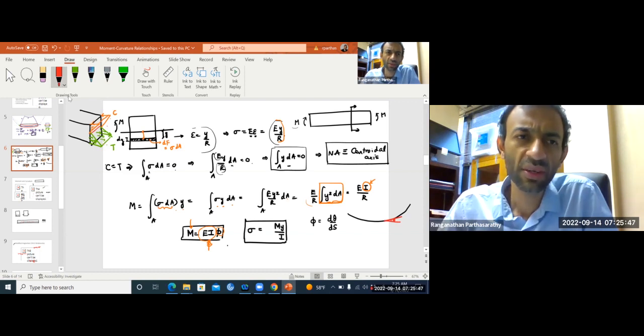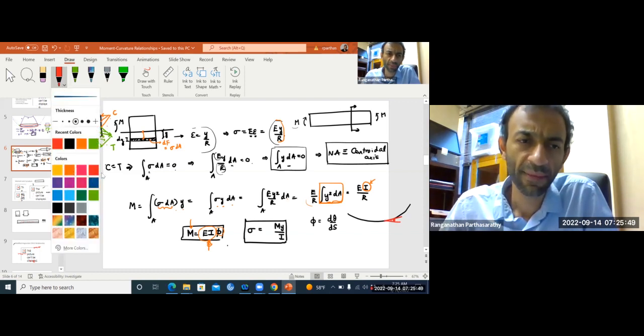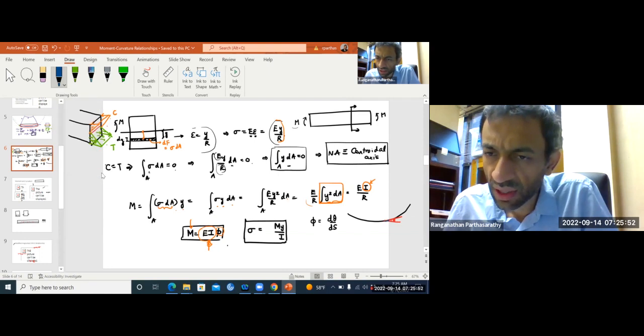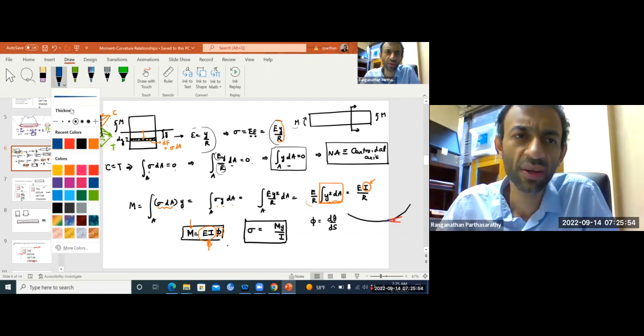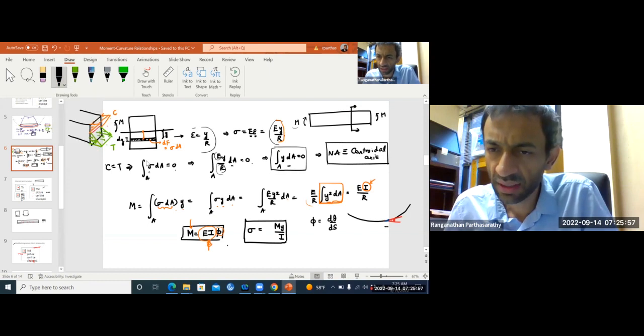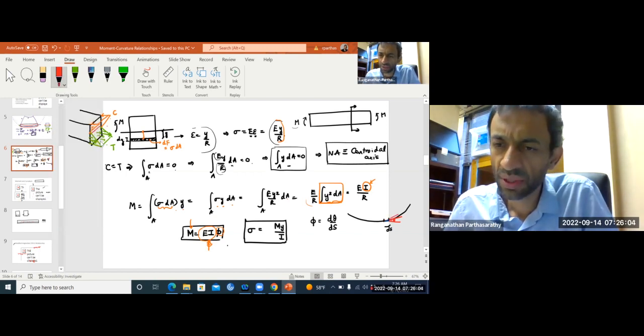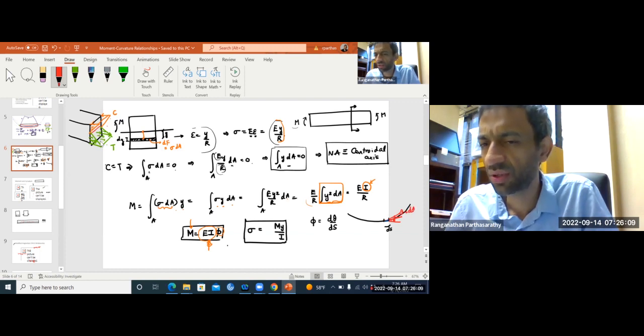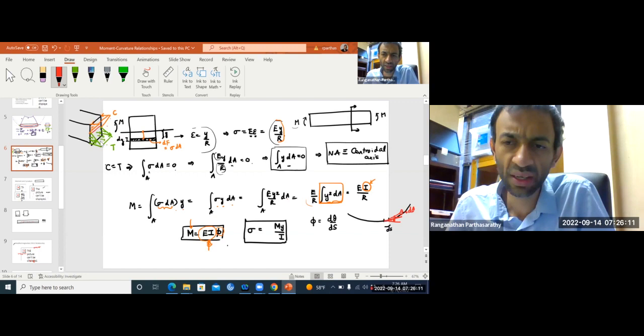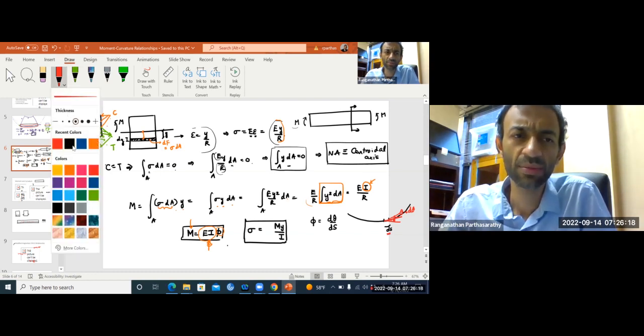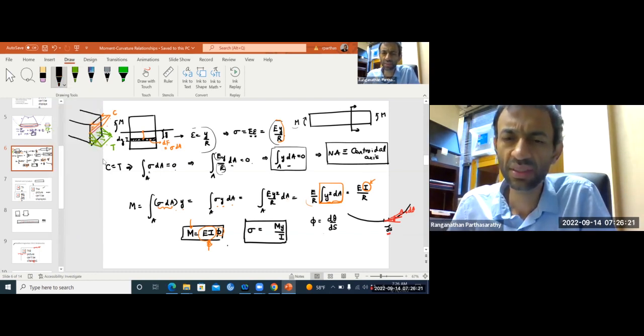Now you travel across the curve for a length of ds, and when you come to the next point, your slope is now theta plus d theta. So your slope has changed from theta to theta plus d theta over an arc length of ds. So curvature equals d theta over ds.